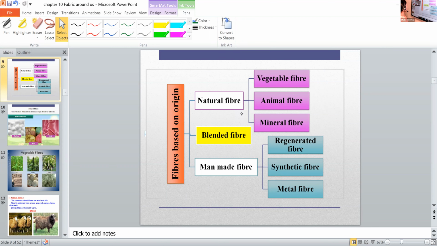Man-made fibers means the fibers that are created by man. There are three types: regenerated fiber, synthetic fiber, and metal fiber.